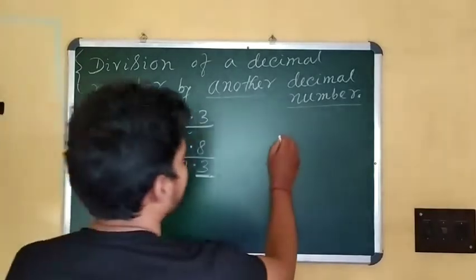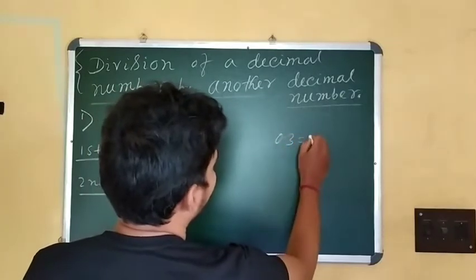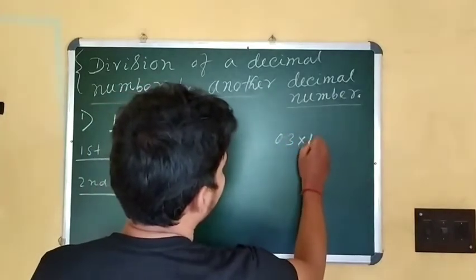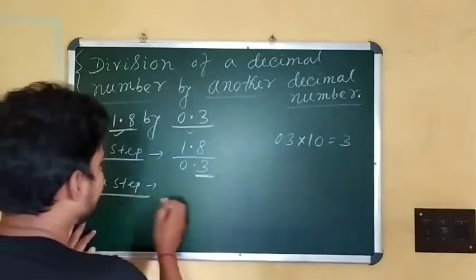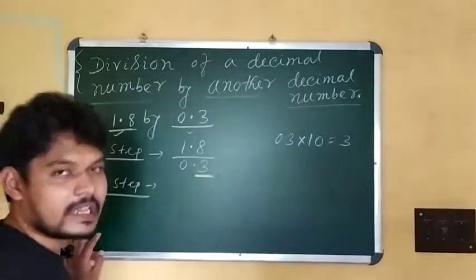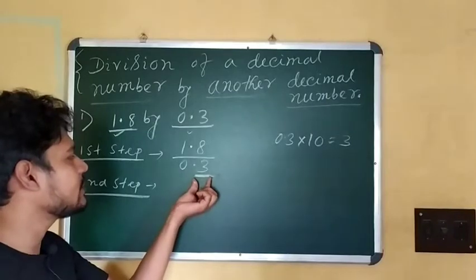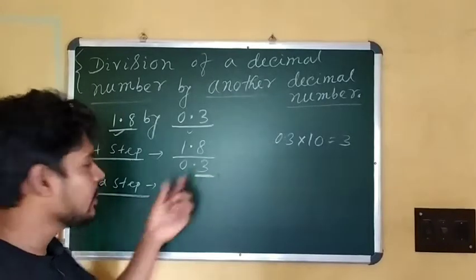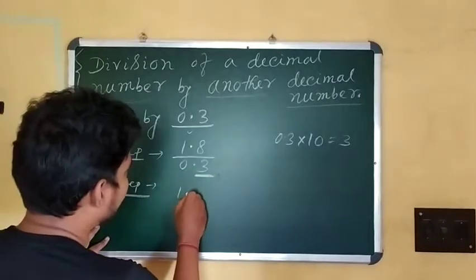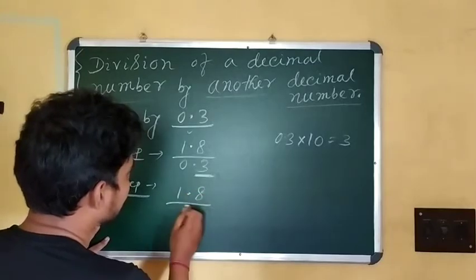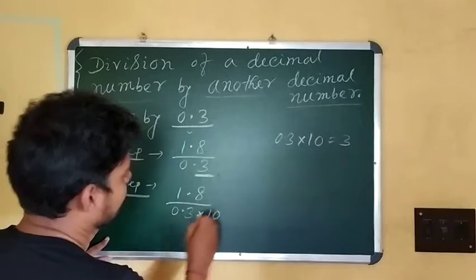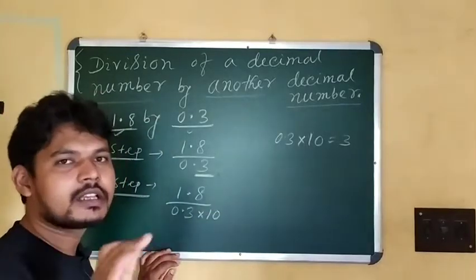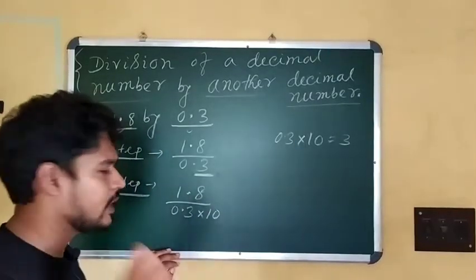When you multiply 0.3 by 10, you get 3. So as there is only one decimal place at the denominator, you have to multiply the denominator by 10 to convert it into a whole number.